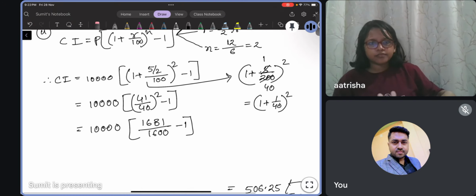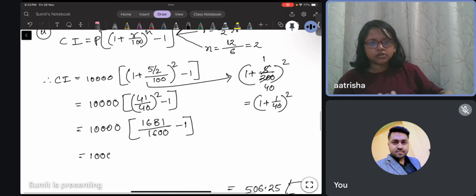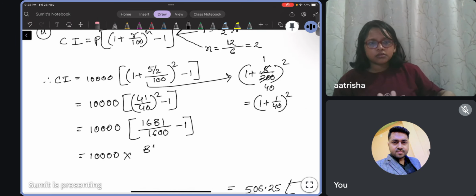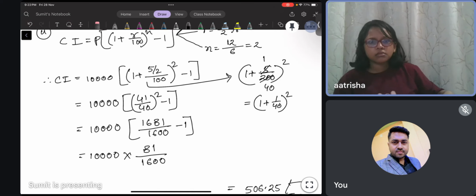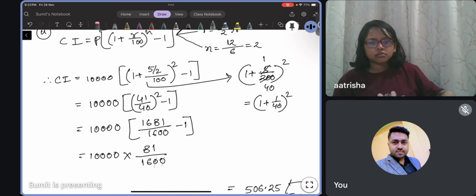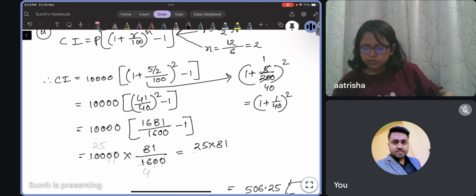Then if you do the subtraction, 10,000 into 81 by 1600, okay? Then do the calculation, cancel 00 and 00 got cancelled, and then by 4 if you cancel it will be 4 and it will be 25. So how much are we getting? We are getting 25 into 81 divided by 4.